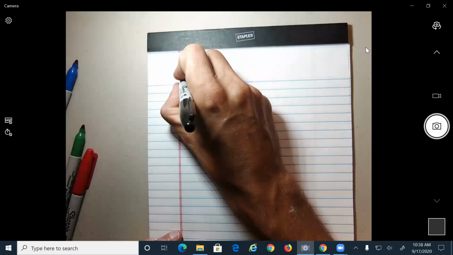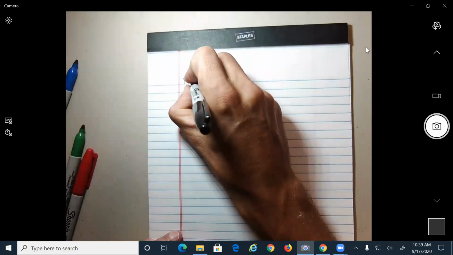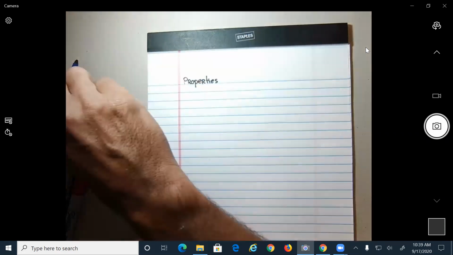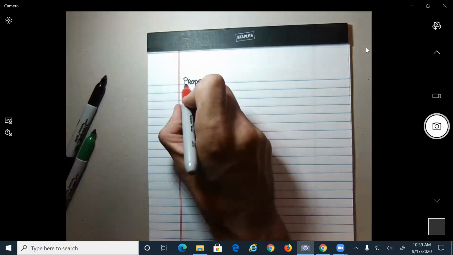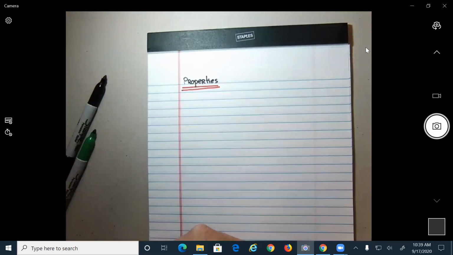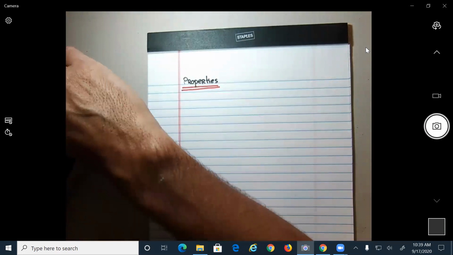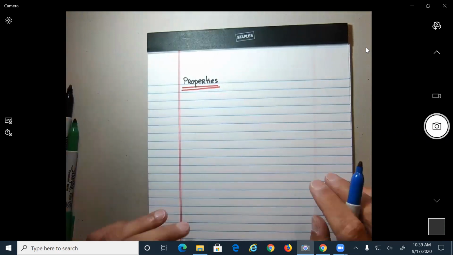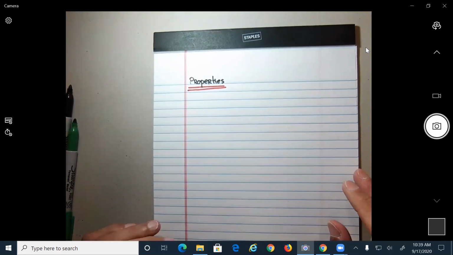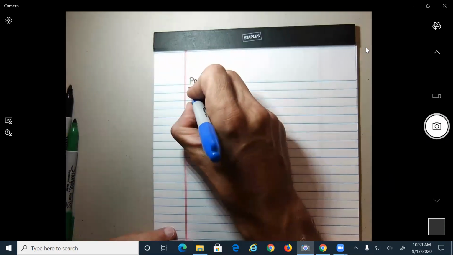So let's look at properties. Okay, so let's just remind a little bit some of the definitions we gave at the beginning. What is a property?